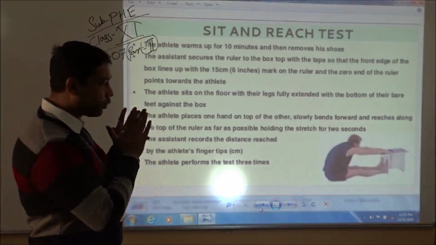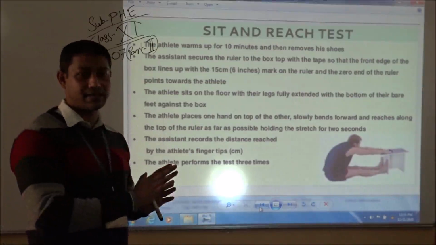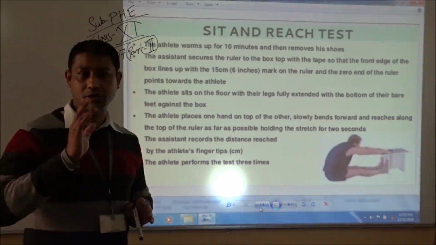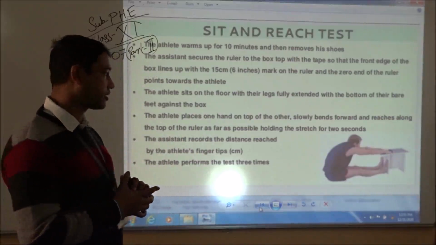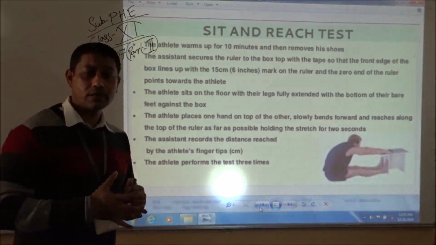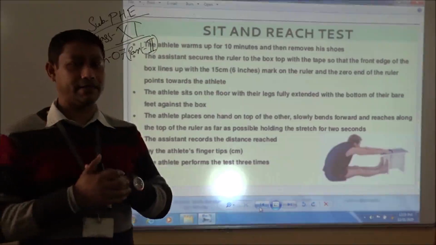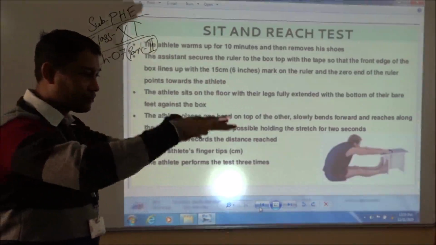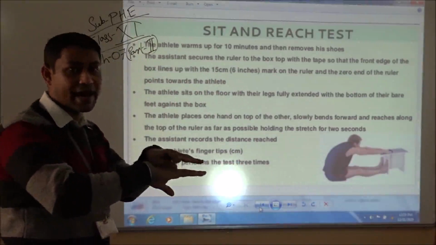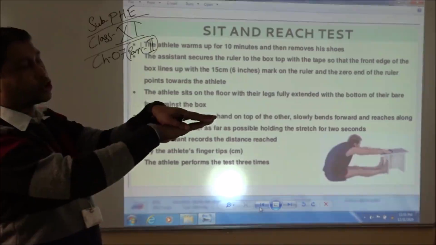Both legs will be placed against the sit and reach box as you can see in the image. Next, the subject will inhale deeply and with exhalation bring both hands forward, one hand on top of the other hand.